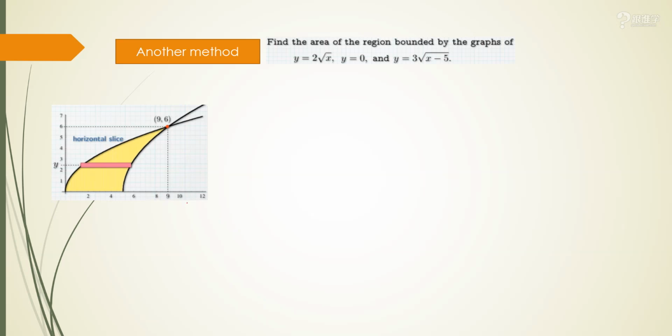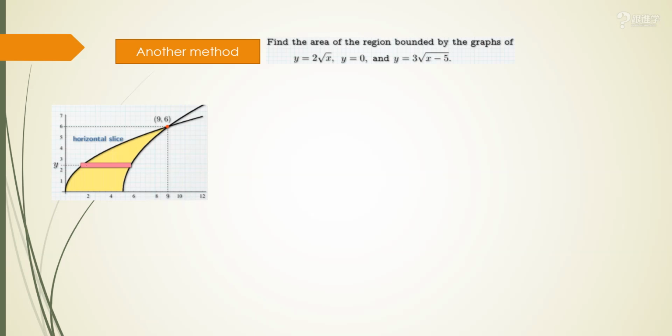And you can easily find that if we use horizontal slices to represent the total area, then we don't need to break the whole region into two pieces, because this time the area differential is the same form across the whole region.